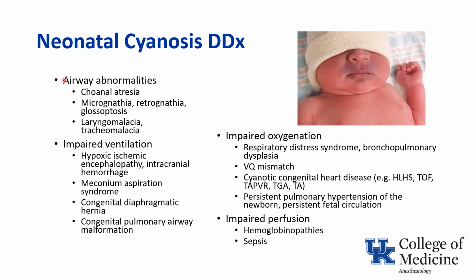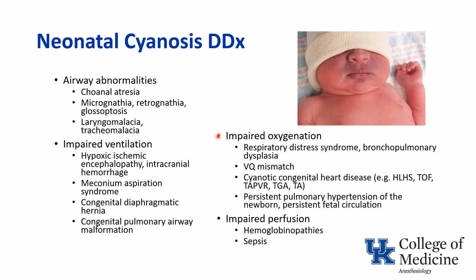First, you have airway abnormalities, choanal atresia, laryngomalacia, things like that. Anything that impairs ventilation can cause cyanosis. This can be due to a neurological insult such as hypoxic ischemic encephalopathy, or it can be due to meconium aspiration syndrome, diaphragmatic hernia, anything that's going to impair ventilation.